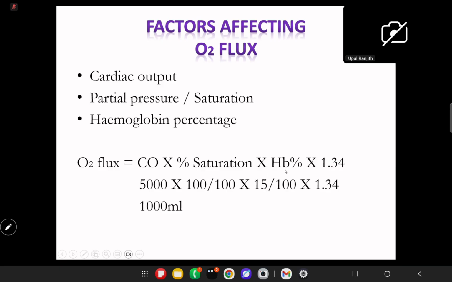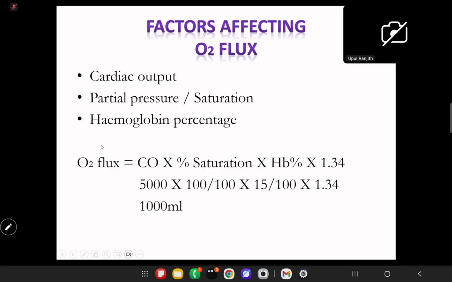When the hemoglobin percentage is 15 gram and the saturation is almost 100%, it will come to 20 ml of oxygen in 100 milliliters. So finally it comes to 1,000 milliliters, so 1 liter of oxygen in the blood, right?